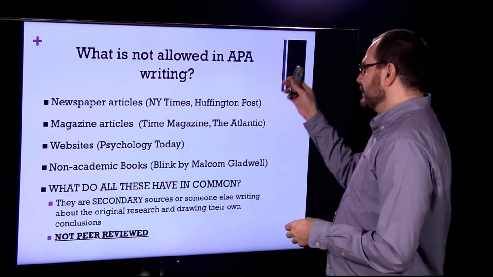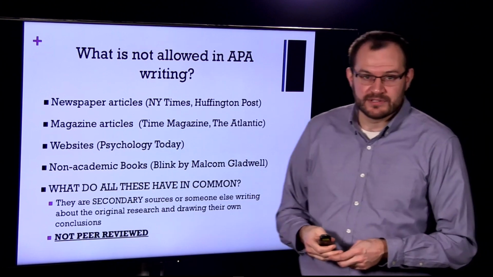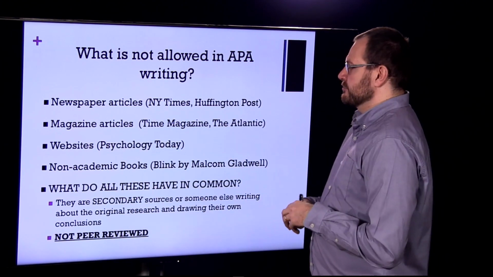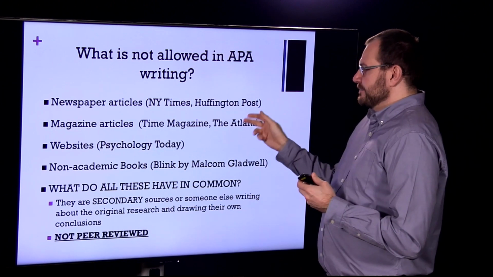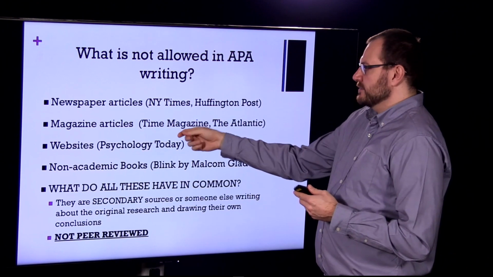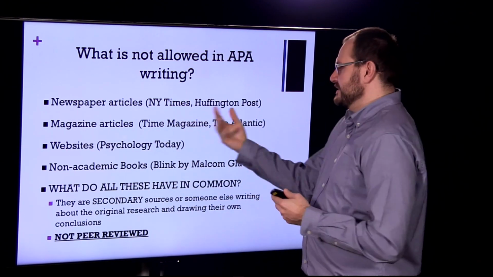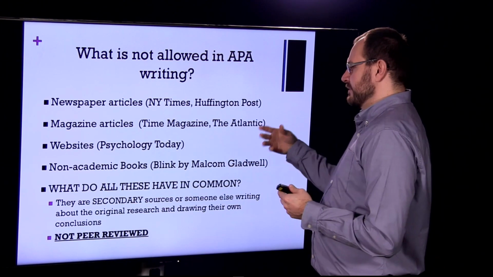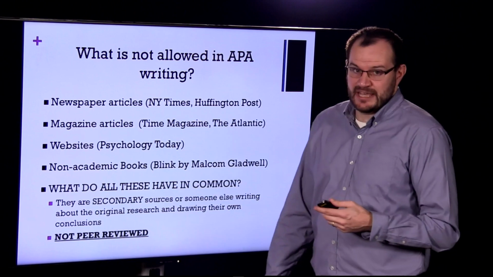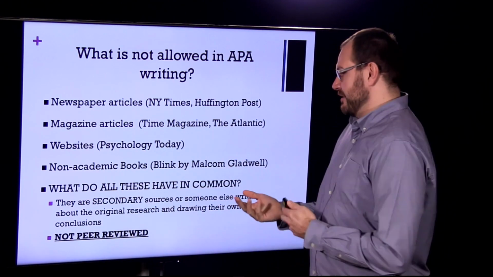So what's not allowed in APA writing, what's not allowed in your paper for this class, and what's generally not allowed in other research papers or literature reviews, are secondary sources. These can be things like newspaper articles, so a New York Times article or Huffington Post, a magazine article like Time Magazine or The Atlantic, websites like Psychology Today, which covers a lot of stuff, great resource, but not a primary resource.